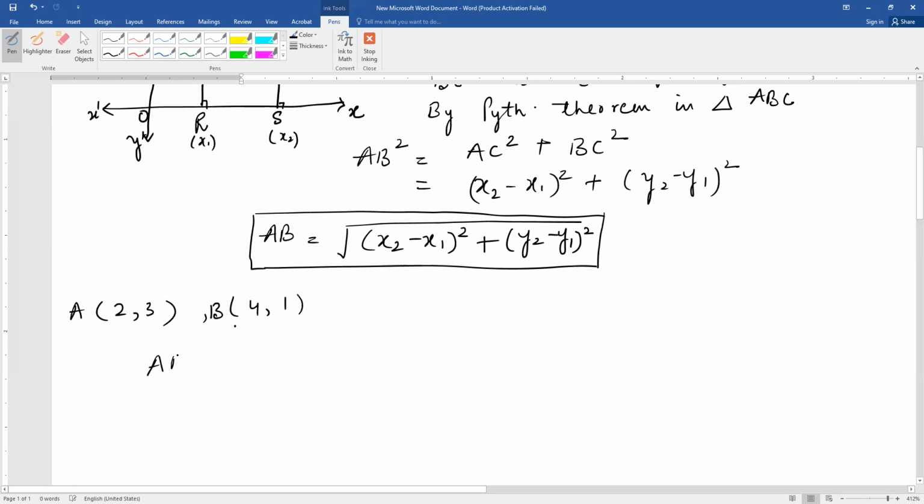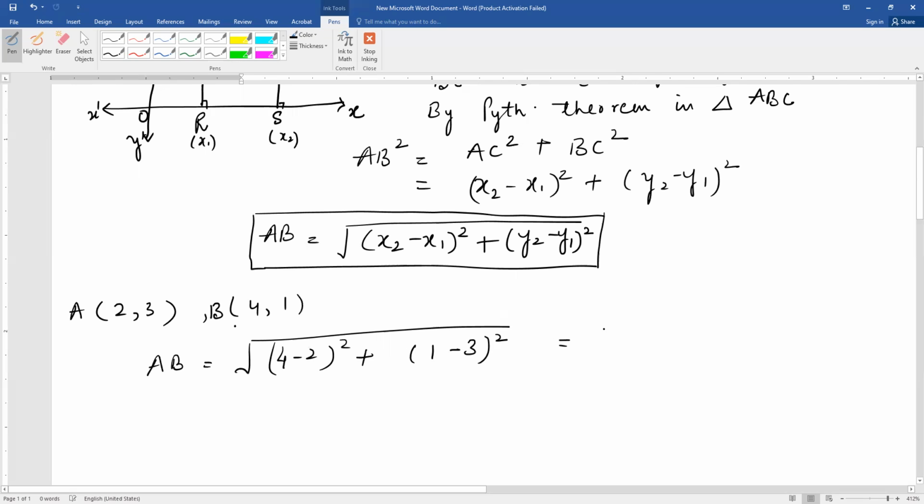So what is AB? It is this formula you have to write x2 minus x1 whole square plus y2 minus y1 whole square, where x2 y2 are the coordinates of B and x1 y1 are the coordinates of A. तो यहाँ B के coordinates 4, 1 हैं, तो 4 minus 2 whole square plus 1 minus 3 whole square.